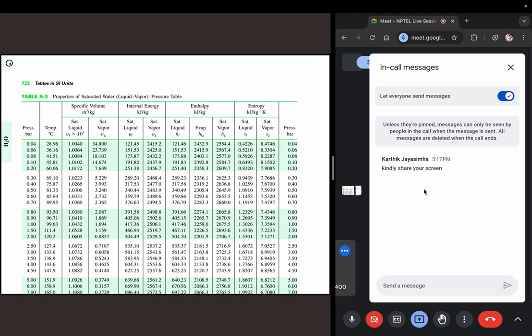So we need two values, initially at 1.5 bar, and the other one at 3 bar. At 1.5 bar, we need to take the saturated value, which is this. And at 3 bar, we need to take the considered vapor fraction and then take the corresponding values of these two.